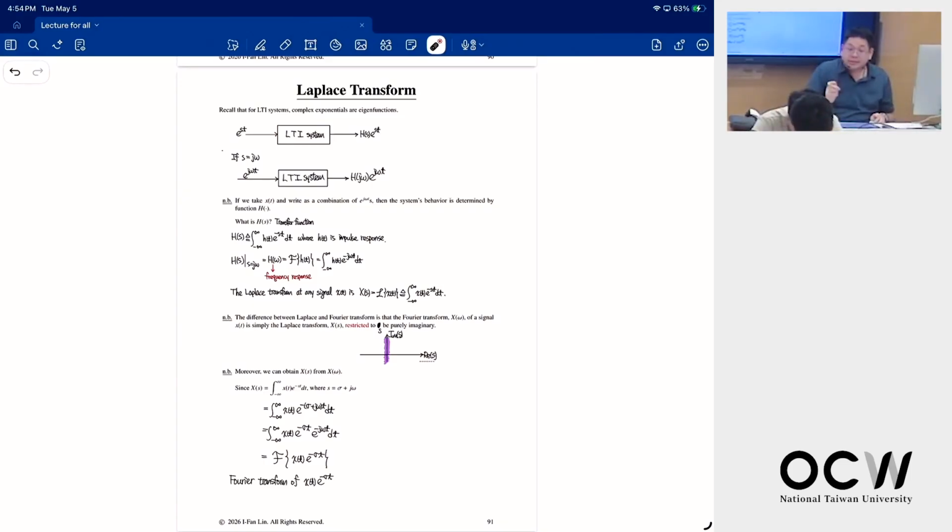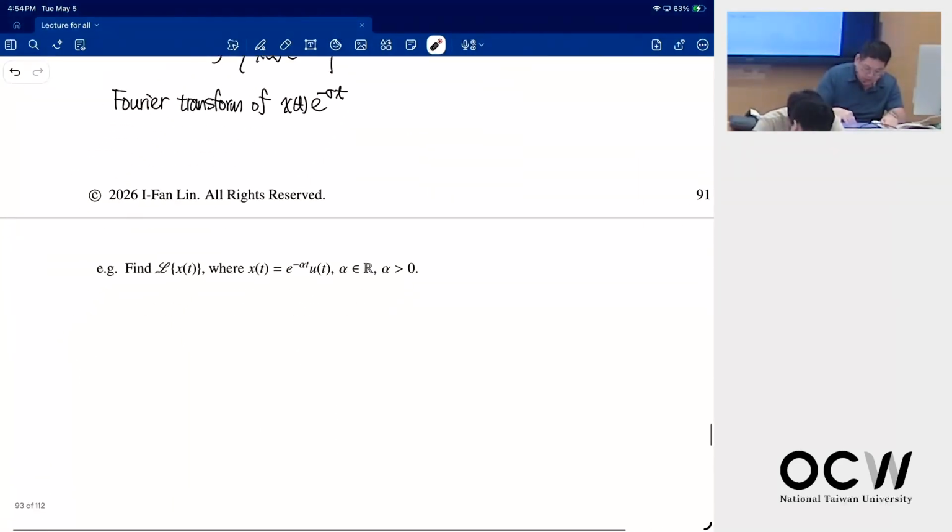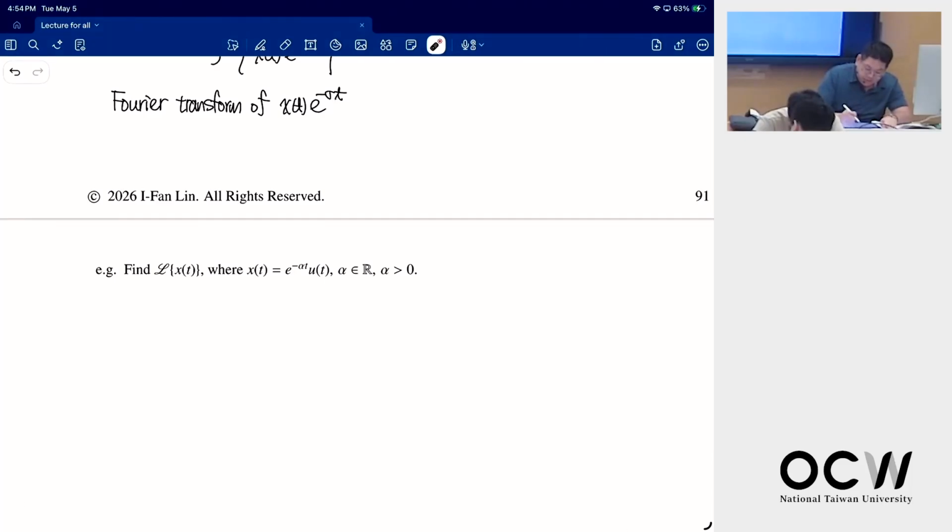Alright, let's see some examples and then find out more details about the Laplace transform. So first, if the signal is exponential, what is the Laplace transform?